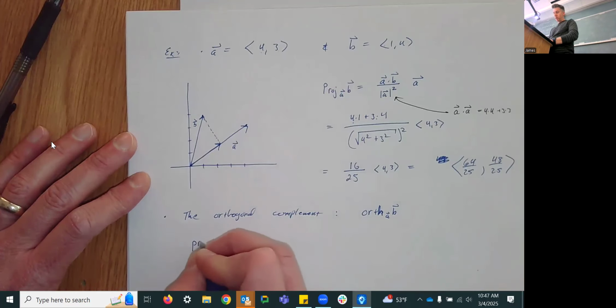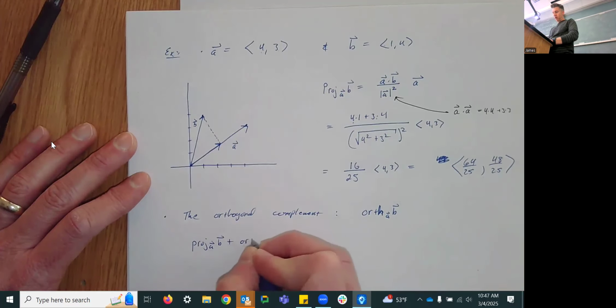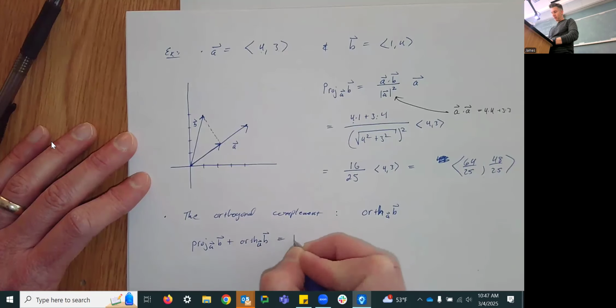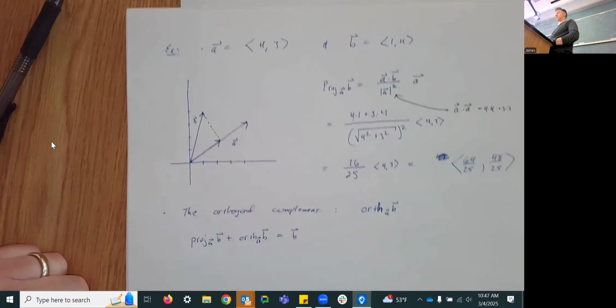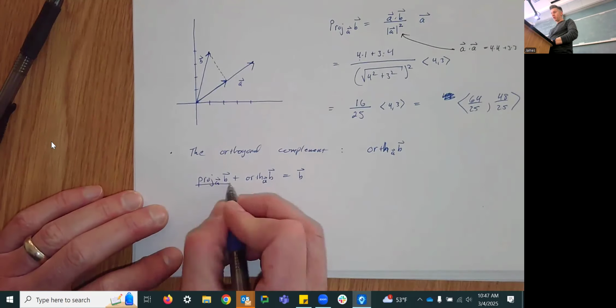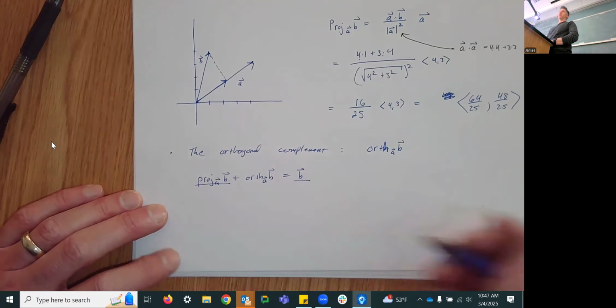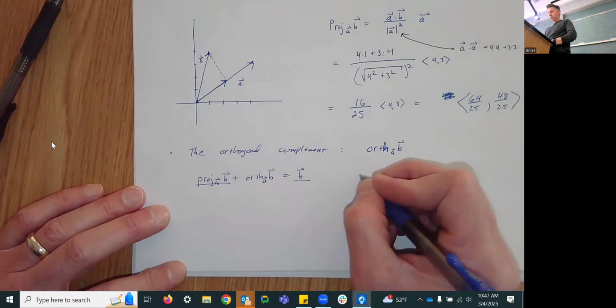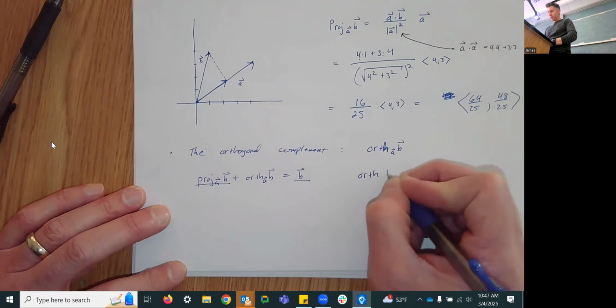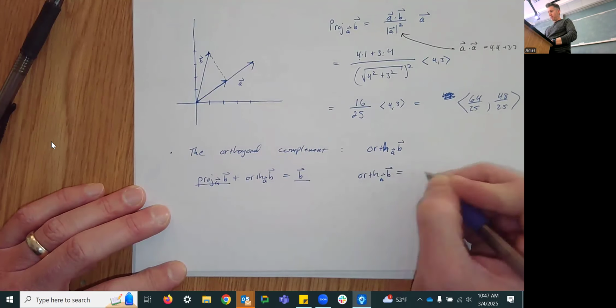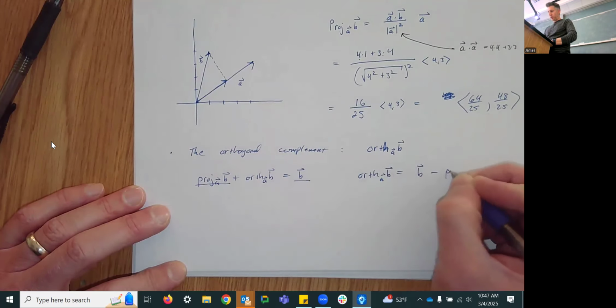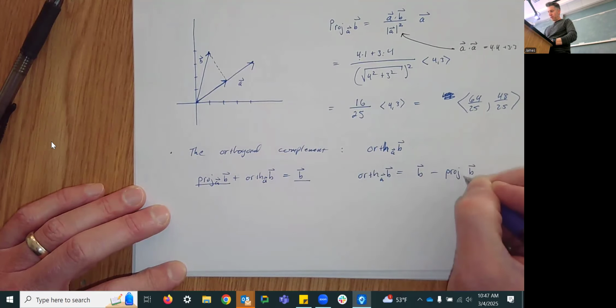The projection of B onto A plus the orthogonal complement of B onto A should add up to B. So if you know the projection and you know B, you can subtract the projection to find the orthogonal complement. So the orthogonal complement of B onto A is B minus the projection of B onto A.